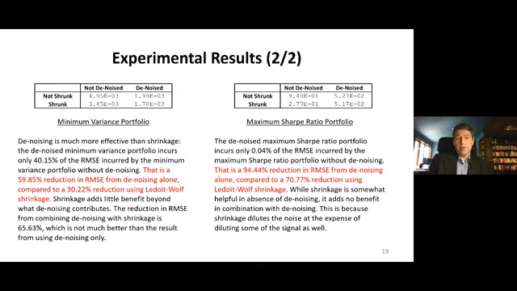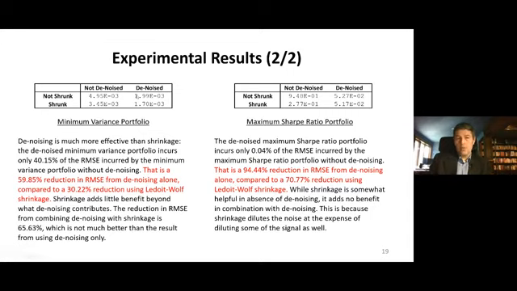The inverse covariance matrix has exploded because the original covariance matrix is numerically ill-conditioned. How about we shrink the covariance matrix without denoising? Well, there is a small improvement. It's not a very high improvement, but yes, applying a shrinkage helps, and that's great news.